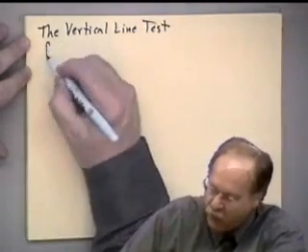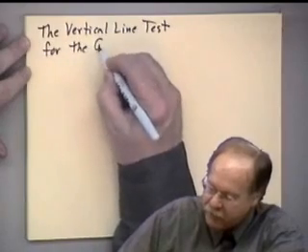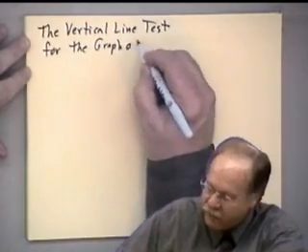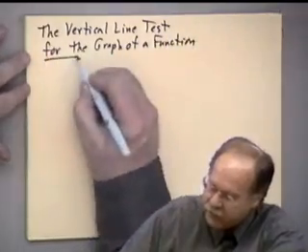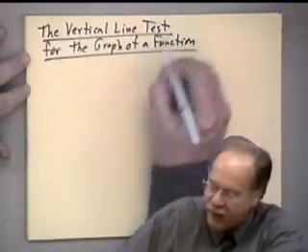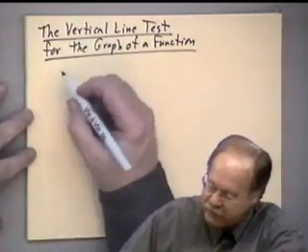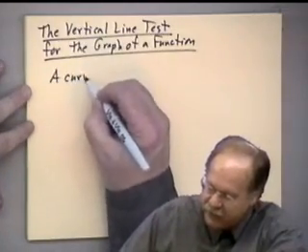and it's a test for the graph of a function to see whether a curve in the plane is in fact the graph of a function. So this is the vertical line test for the graph of a function. And it is an if and only if statement. It goes like this.